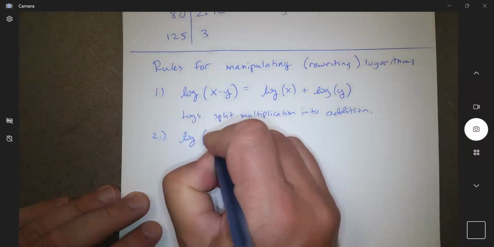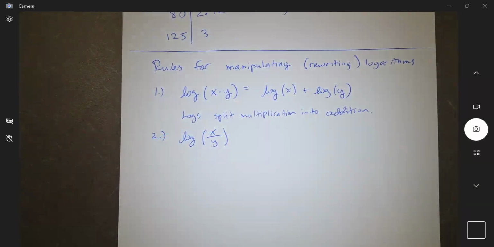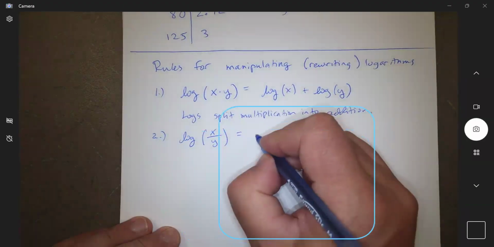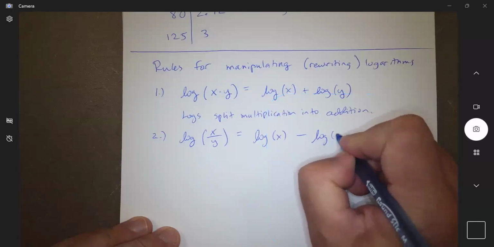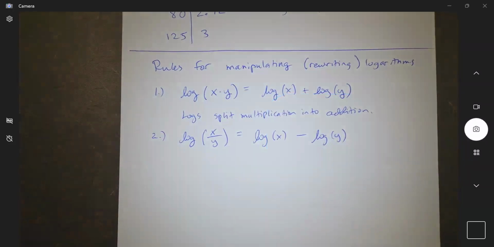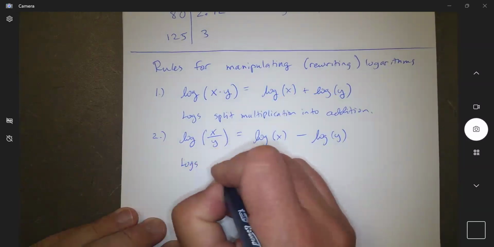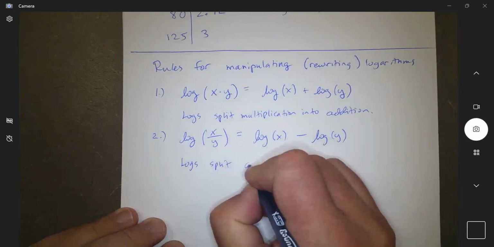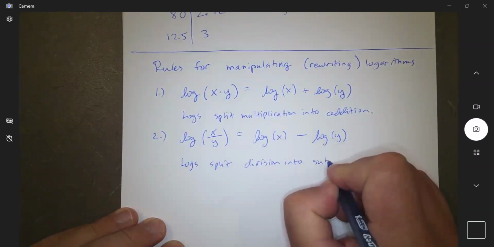What if I have the log of x divided by y inside my logarithm? I can write that as the log of x minus the log of y. Logs split division into subtraction.